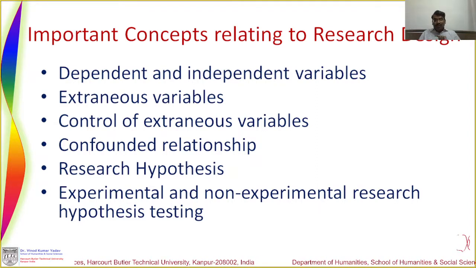When you want to study more about this, you can refer to the book of C.R. Kothari or any other good research methodology book that can give you very clear-cut examples of these variables and extraneous variables, and relationship defining.